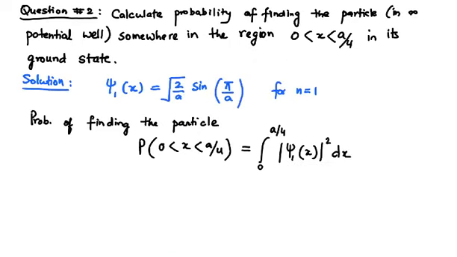Now let's look at second question, where we have to calculate the probability of finding the particle somewhere in the region between 0 and a by 4 in its ground state. Again, for ground state, n is equal to 1, and this is how the wave function looks like.